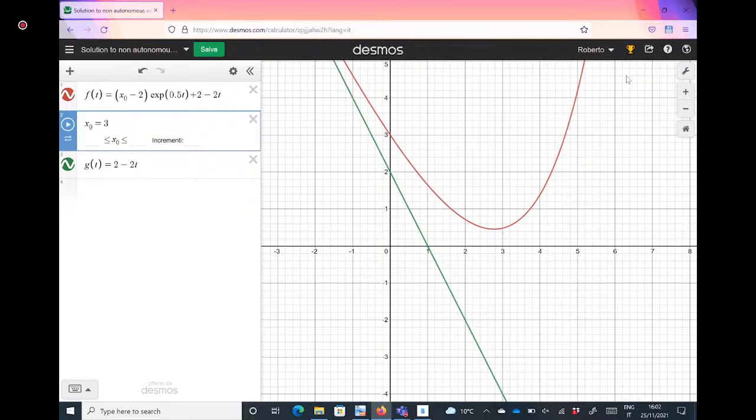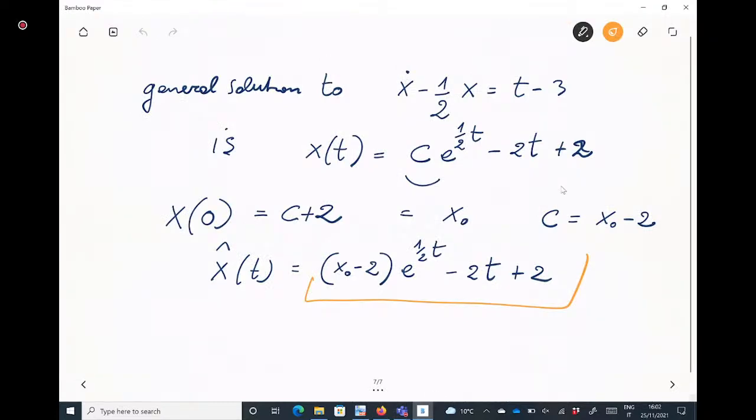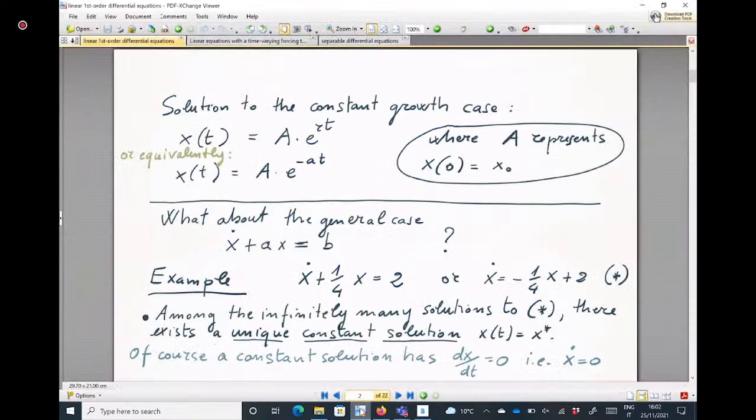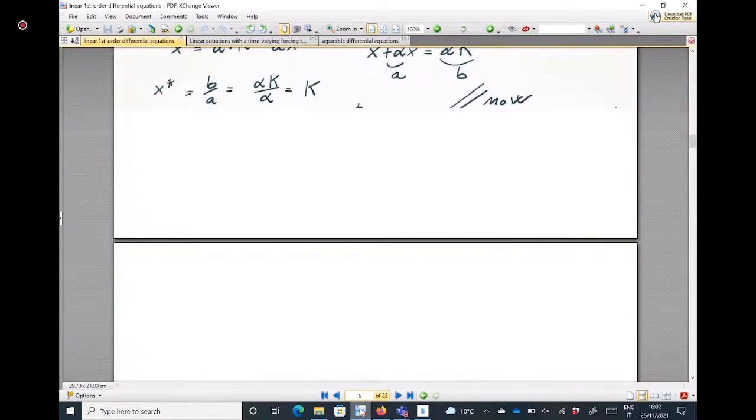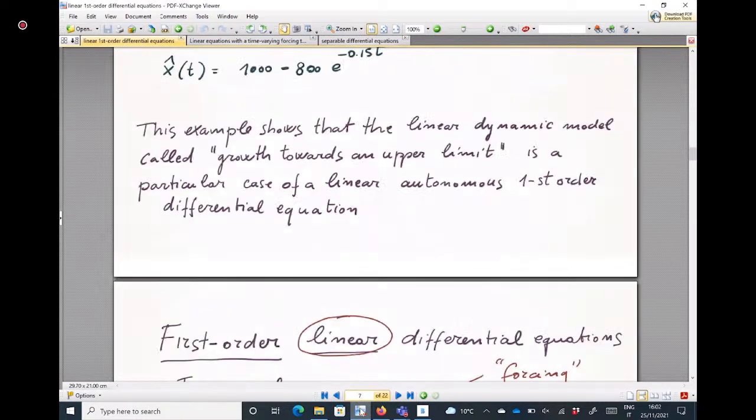So this is basically the meaning of the solution to this problem, in which we have a term B on the right-hand side, which is not constant, it changes over time, and it is linear in this particular case. There are many more examples that we can solve, and some of them are in the slides, and I invite you to look at these examples and to try to solve them step by step.